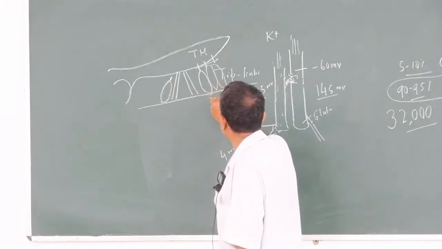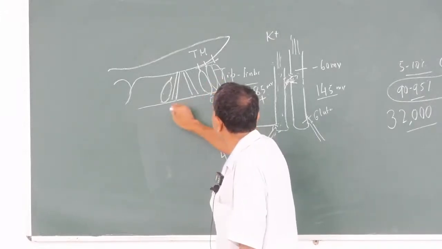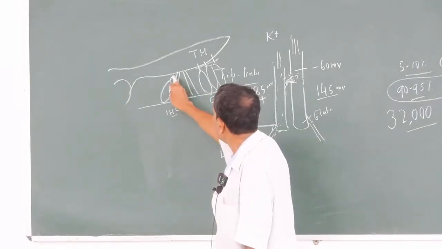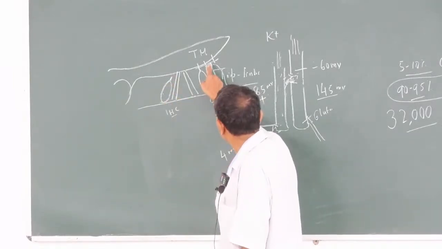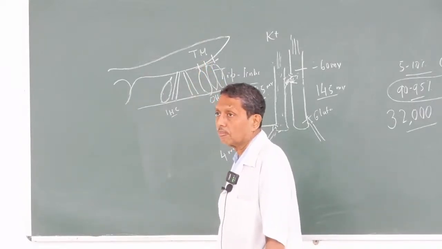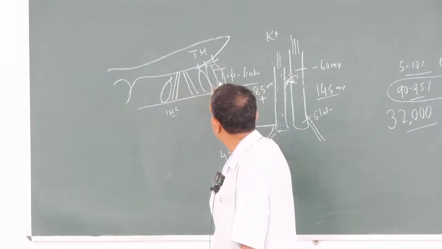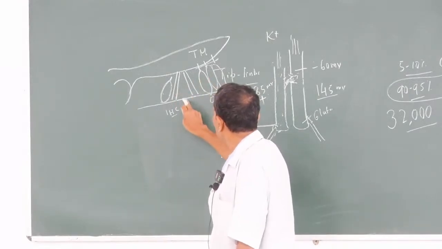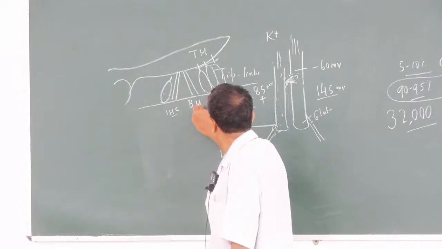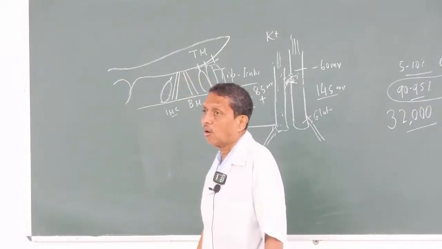These are the outer hair cells and the inner hair cells. The inner hair cells do not touch the tectorial membrane, but the hairs of the outer hair cells are embedded in the tectorial membrane. And these are all structured together over the basilar membrane. It is the tunnel of Corti. They form the organ of Corti.